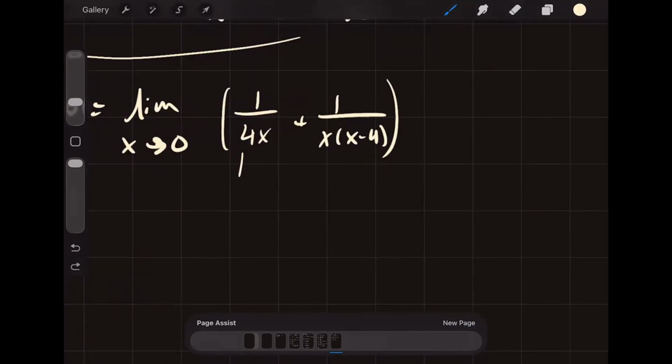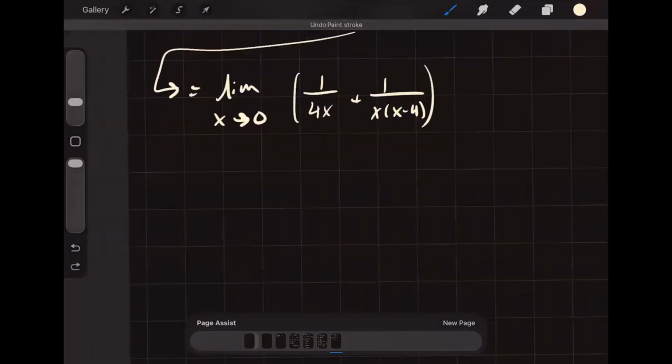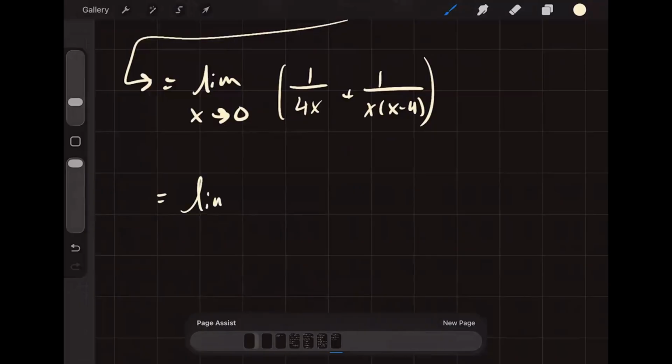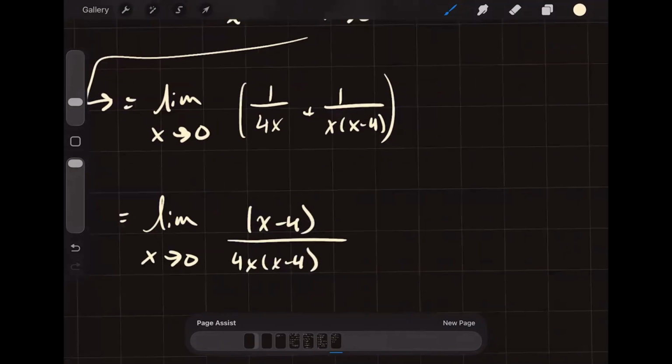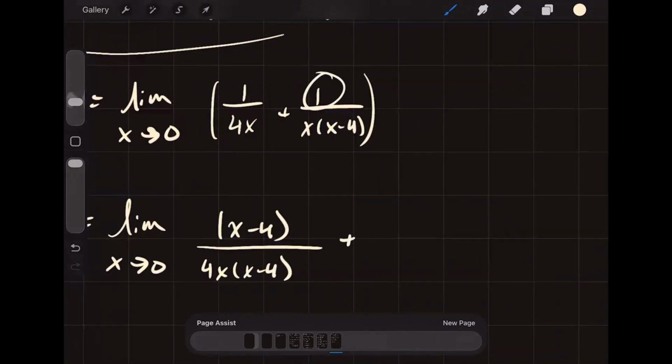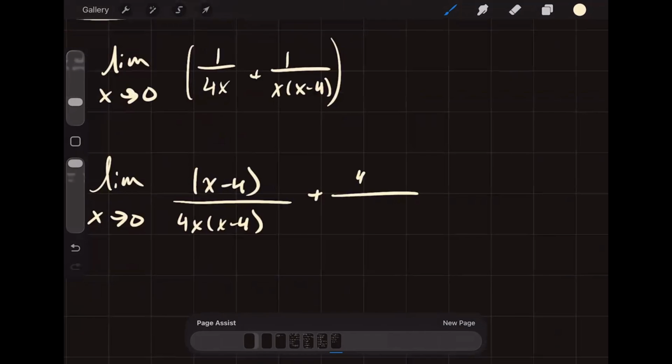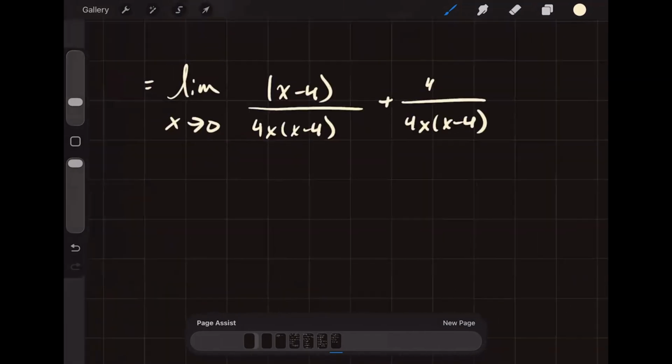This one is missing an x minus 4, and this one is missing a 4. So this one is missing an x minus 4, so we multiply that over, x minus 4 all over 4x times x minus 4. This one is missing a 4, so we multiply that over, 4x times x minus 4, just like that.